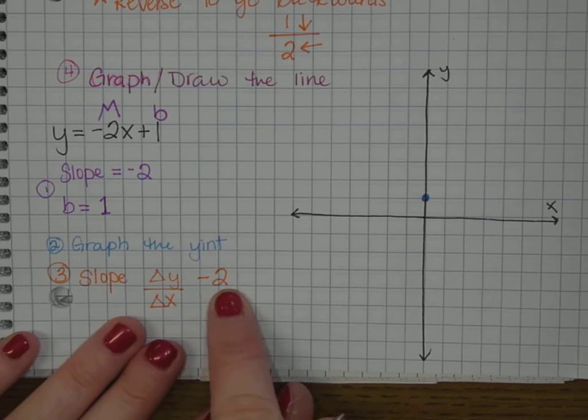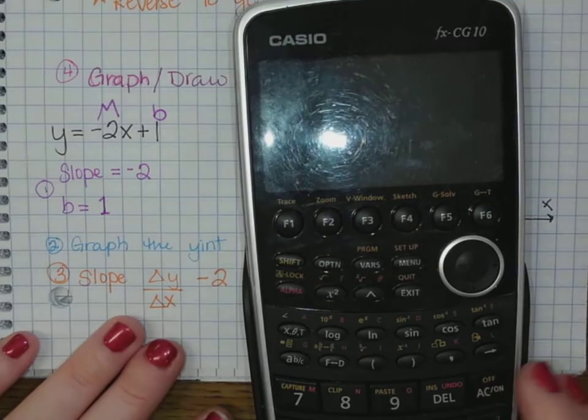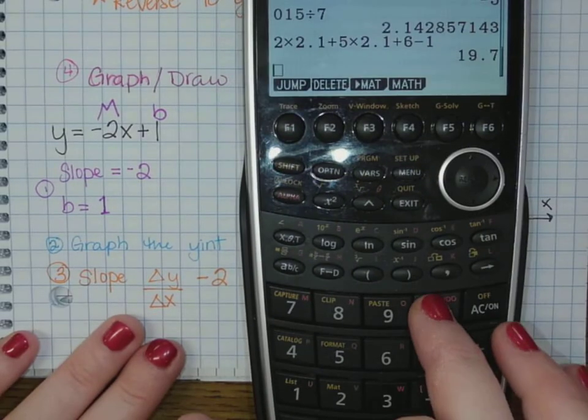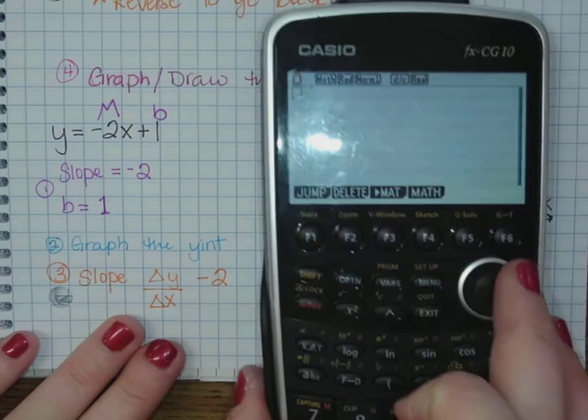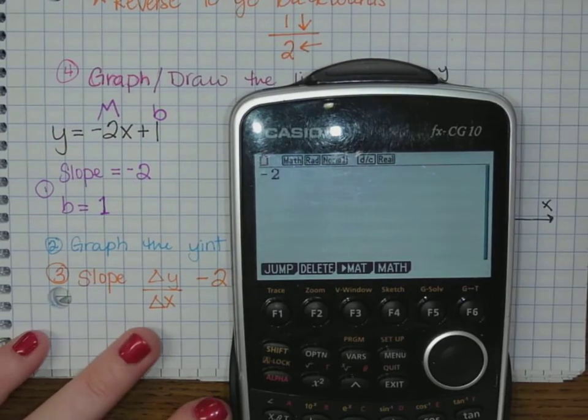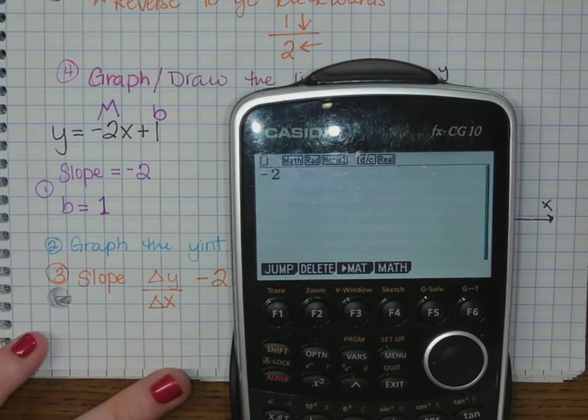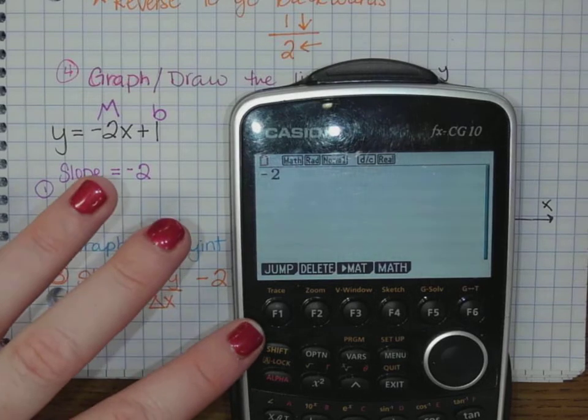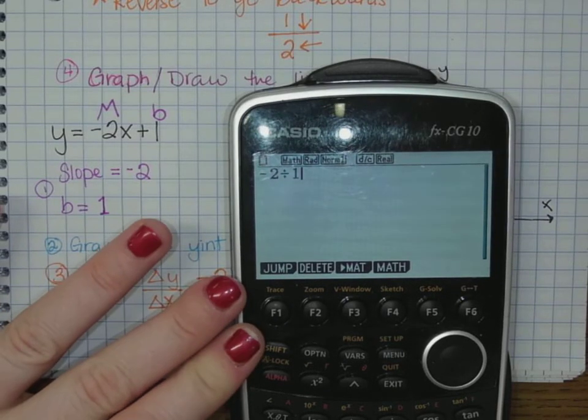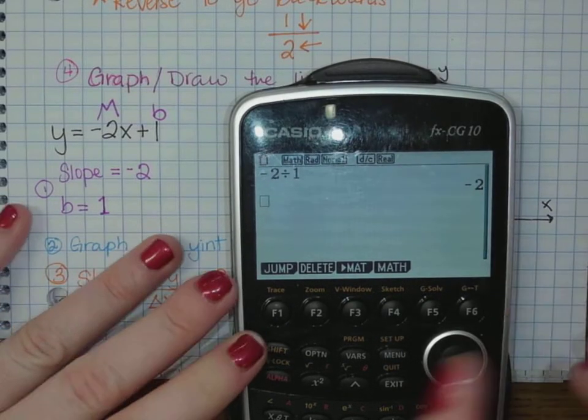This is actually our rise, and the reason why is if I do negative 2 and put it over 1, notice it's still negative 2.